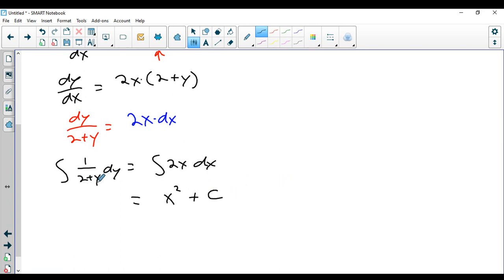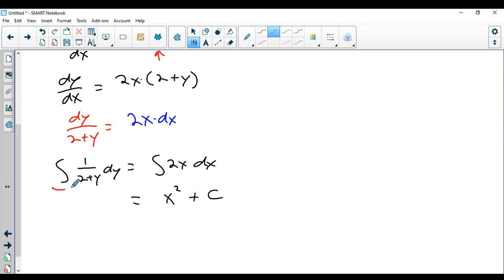Okay, over here, what would you do over here? Well, to integrate this, back in the day, you do a u sub, because you might not recognize a function whose derivative is this. So you'd say, all right, my Jedi training has told me let u equal the denominator, let u equal 2 plus y, and then go get them. But if you watched Monday's lesson, you would notice that this u is linear.